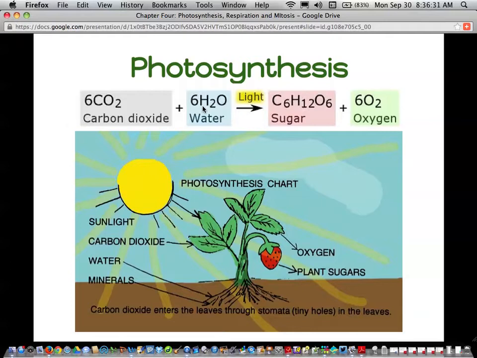And that oxygen, even though it's a byproduct to the plant, is essential for us, right? Because we breathe that oxygen. Yeah, Michael? Actually, at night, the plant takes in oxygen and gives out carbon dioxide. That's true. At nighttime, the plant does the reverse of photosynthesis, which is respiration. We'll get to that. Good observation.